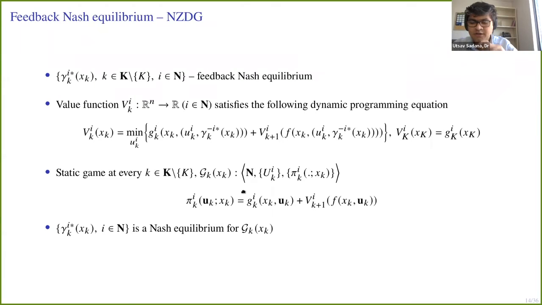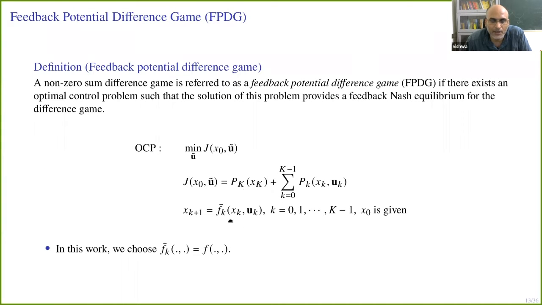I have a related question. So you are saying that assuming the same dynamics as the original problem does not affect the equilibrium. So what would be the reason for taking a different dynamics if it doesn't affect the equilibrium? See, this is an inverse problem.